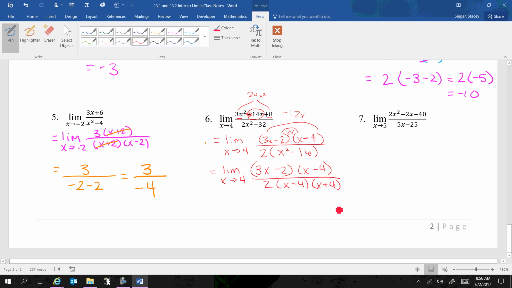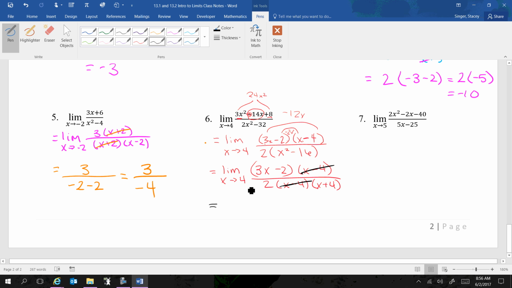So, what cancels out in my numerator and denominator? x minus 4, right? So, what do I have left that I could plug in? 3x minus 2, and in my denominator I have 2 times x plus 4.